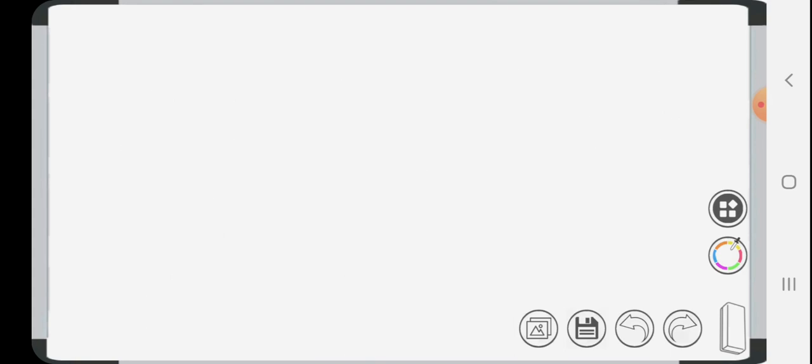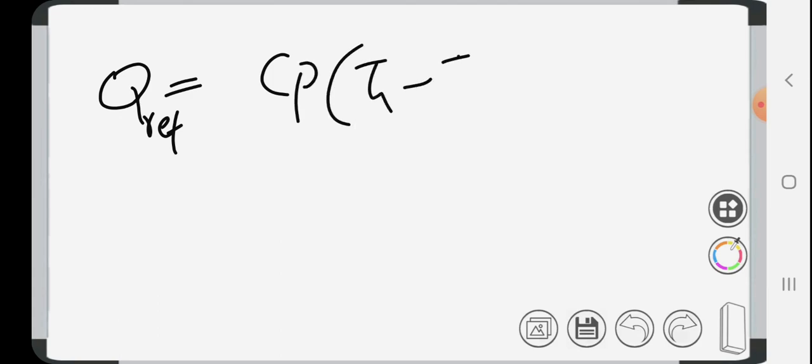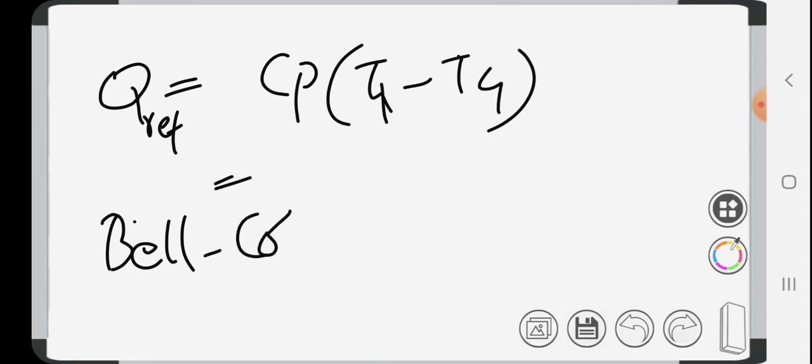Now what do you have to do? Q refrigeration is equal to Cp into (T1 minus T4). Since this is a Bell-Coleman cycle, the fluid will be air only, an air refrigeration system.